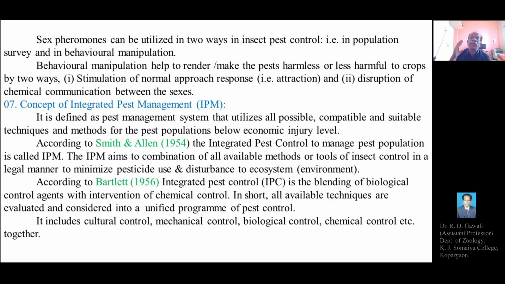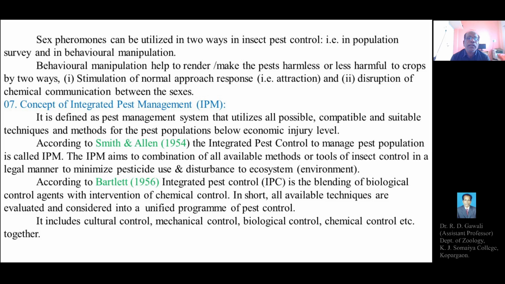So another aim of integrated pest management is to use a lesser quantity of pesticides and cause lesser disturbance to the ecosystem due to the adverse effects of chemicals or pesticides in the environment.